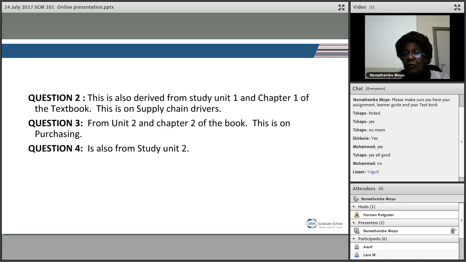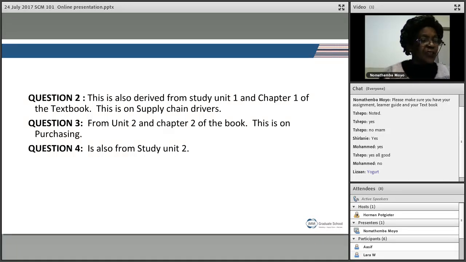As I will go through the study units, I have slides that I've prepared for the 3 study units. Hopefully, this is going to give you a guide. Question 2 first reads, answer the following questions on the supply chain drivers.